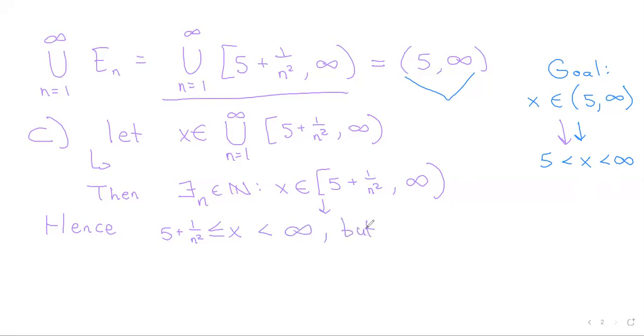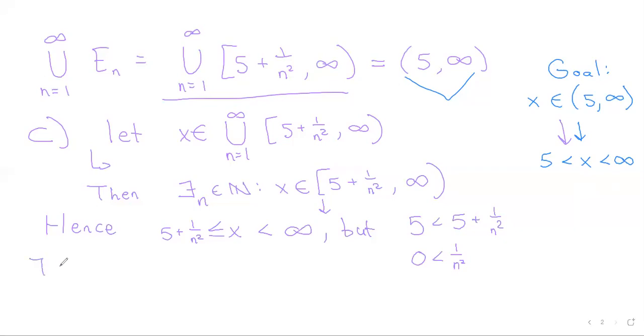But 5 is less than 5 plus 1 over n squared, where n can't be equal to 0 in the naturals. If we subtract 5 on both sides, we can see that we'll have 0 is less than 1 over n squared.